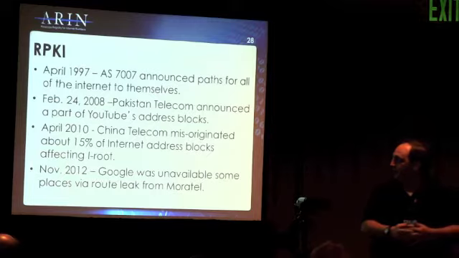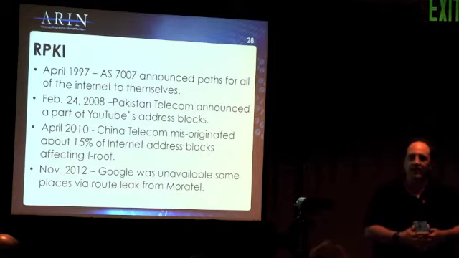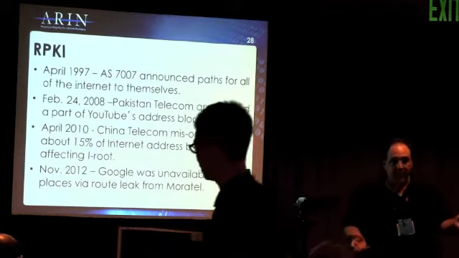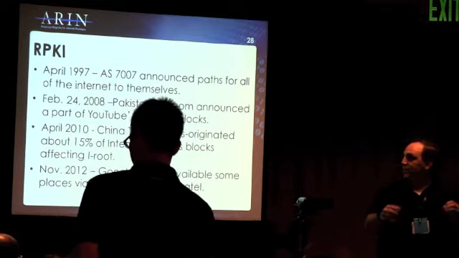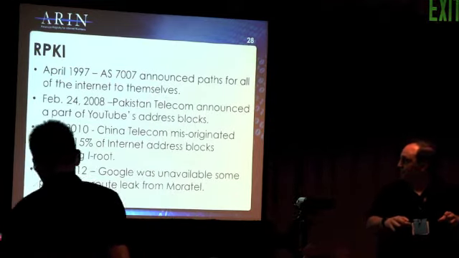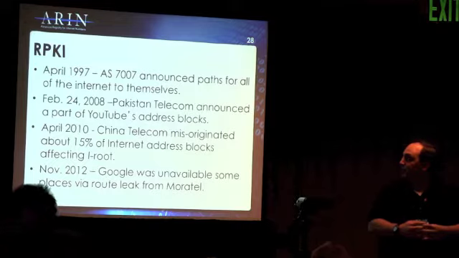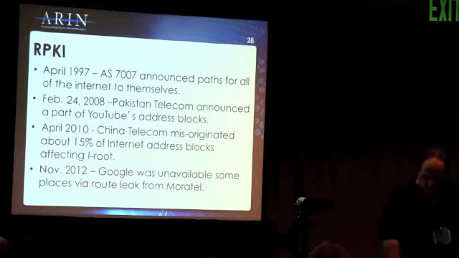And just last month, Google was unavailable in some places by a route leak from Moratel. In all of these cases, as far as I've heard, these were all mistakes. They were not done in any nefarious ways, but it still affected a good chunk of the internet. And this can happen again, and probably will happen many more times.